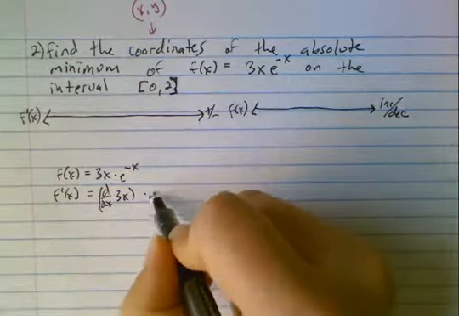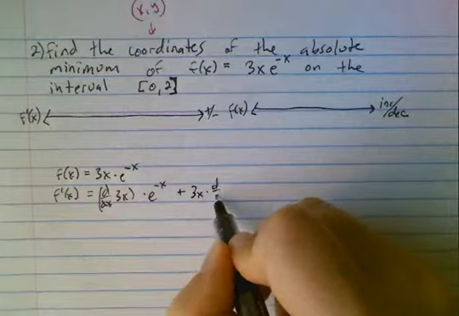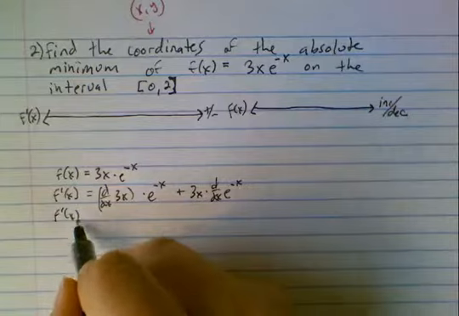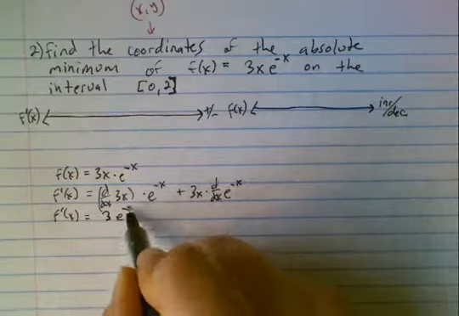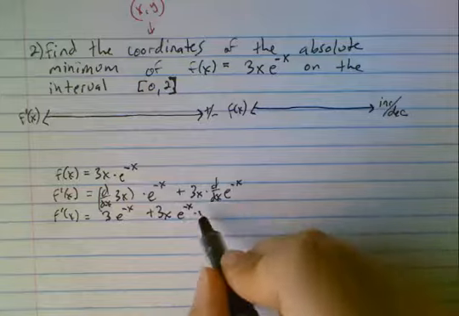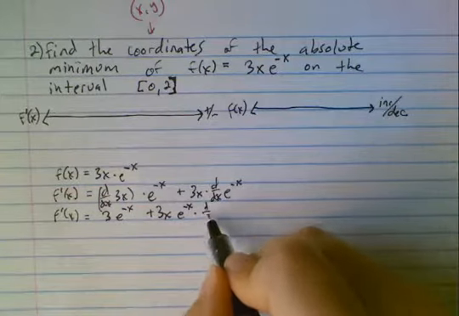Derivative of the first times the second plus the first times the derivative of the second. Remember, this has to have the chain rule because it's not just an x up there.